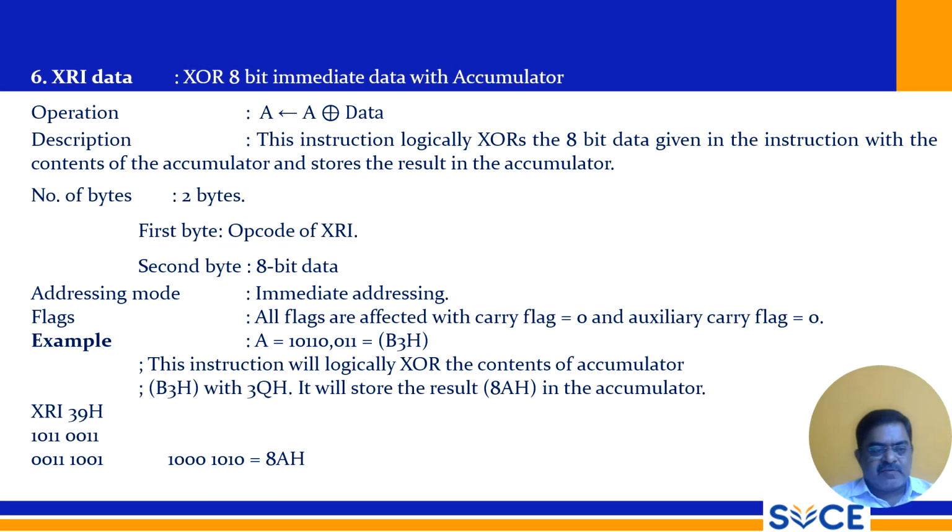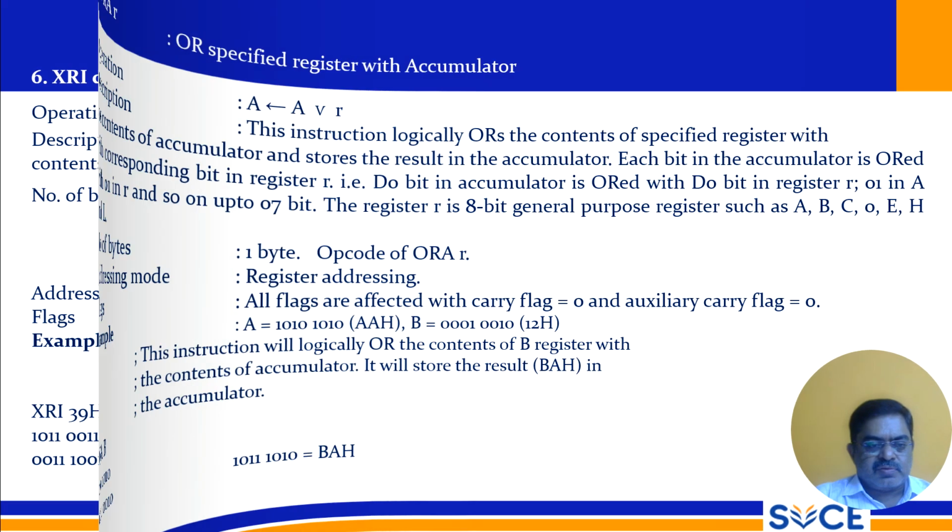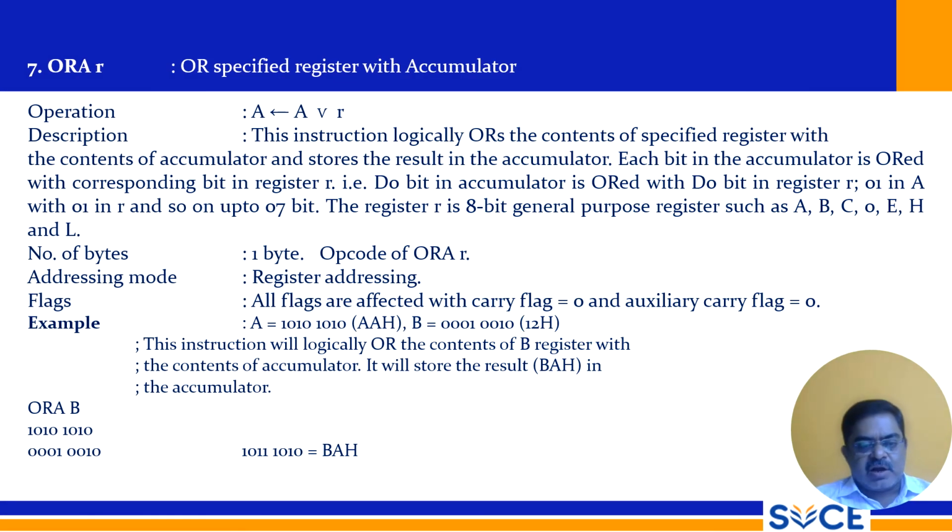And then we have XRI data. It comes under immediate addressing mode. All flags are affected. Carry flag equal to 0. Auxiliary carry flag is also 0. Then we have OR operation, it is same. The contents of register R will be ORed with A, and the result again will be stored in A register.